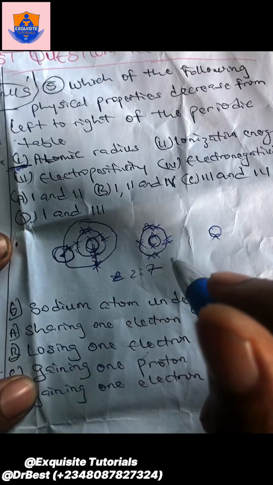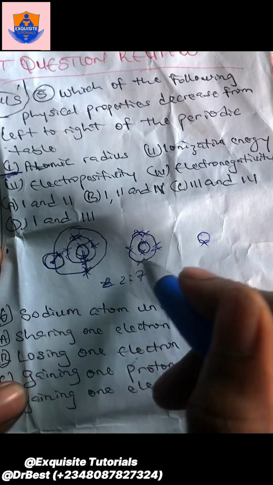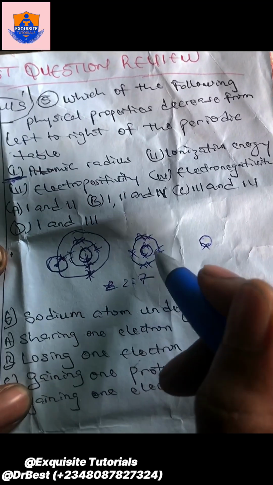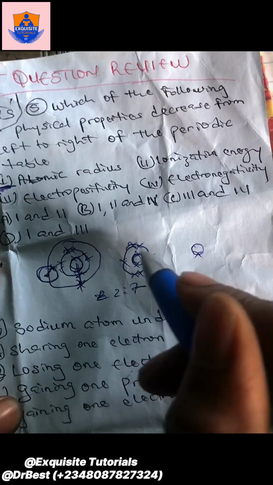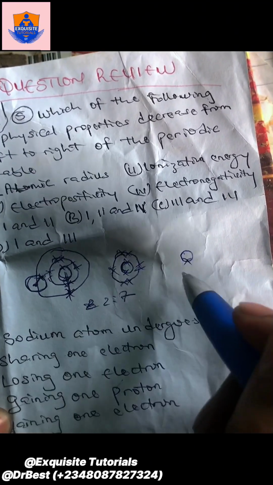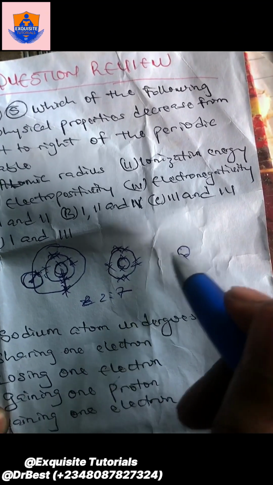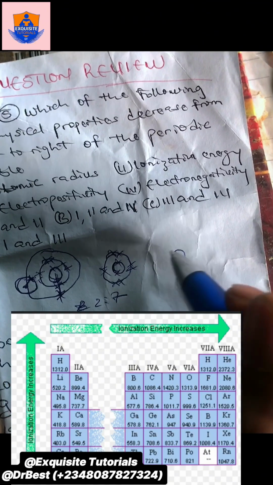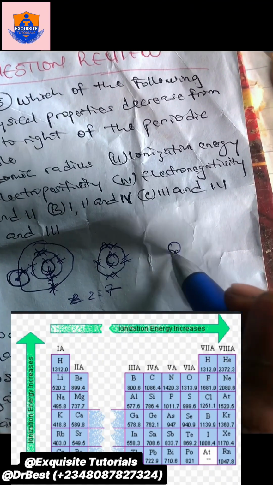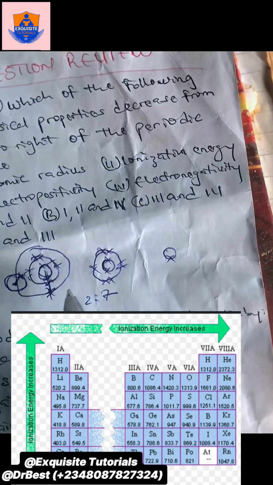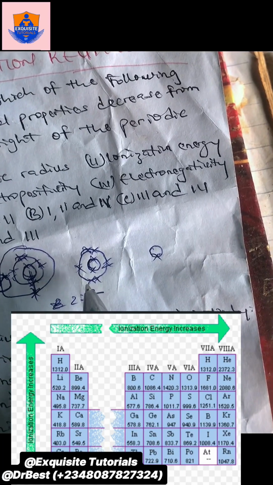You will agree with me that the energy required to remove all these 7 electrons from fluorine is way higher than the energy required to remove only 1 electron from hydrogen. Remember, we are talking about the electrons in the outer shell, and hydrogen contains 1 electron, while fluorine contains 7 electrons.